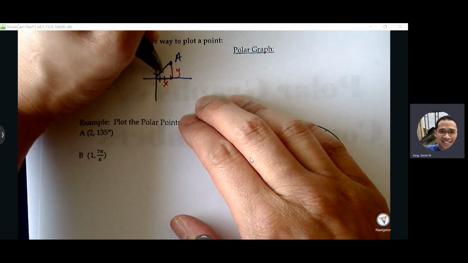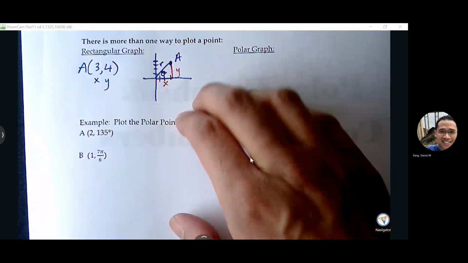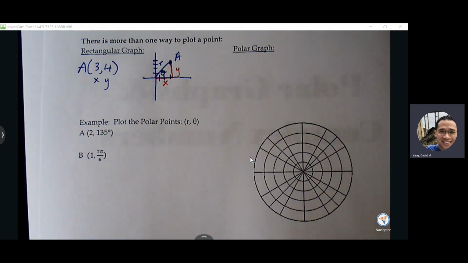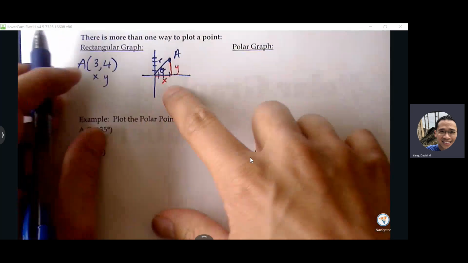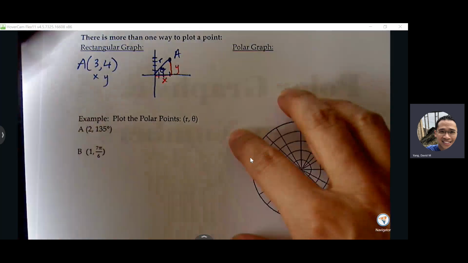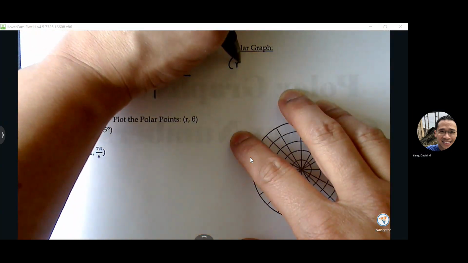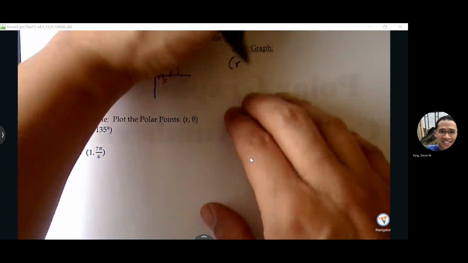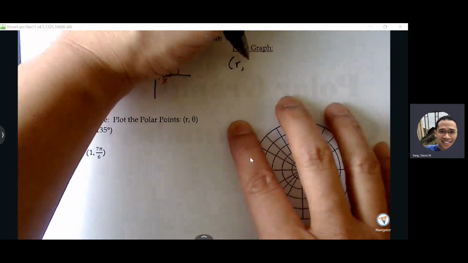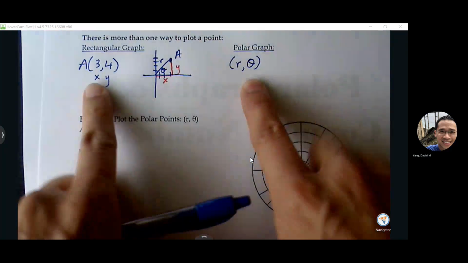So here, let's say I have theta, and if I know what angle I'm supposed to be at, and if I know how long I should be going out along that hypotenuse, I can also reach that same point. Okay. So that's really the basis of polar graphs, is rather than using left and right, we're using the radius or hypotenuse and theta.